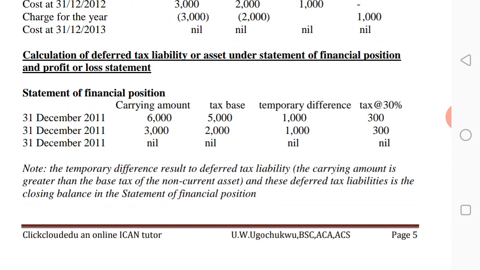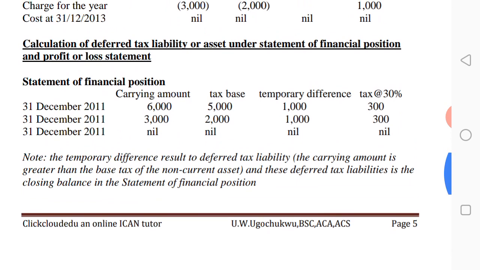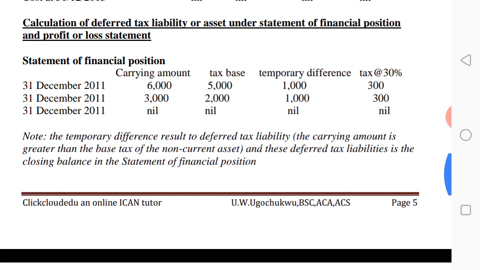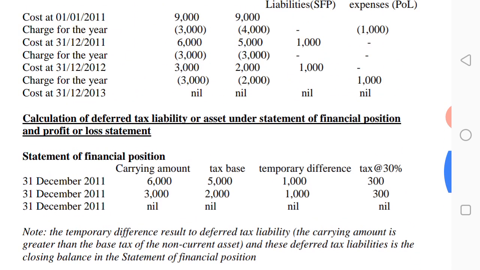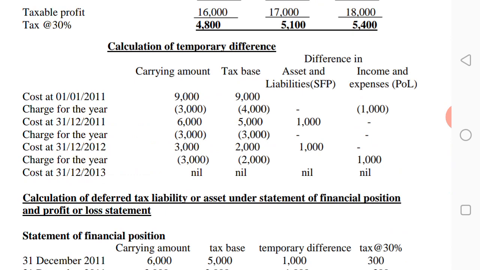That means no movement, no increase nor decrease. While in 2013 there is nil, so there is a decrease. That means you must have credited your profit or loss and debited our deferred tax liability, that is why we have a nil here.